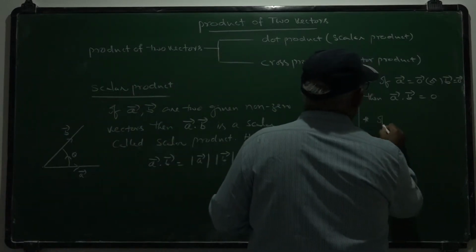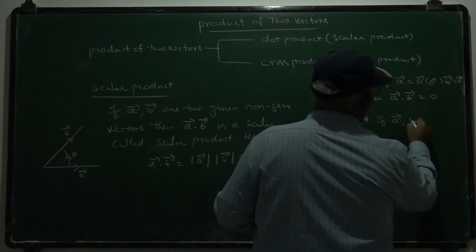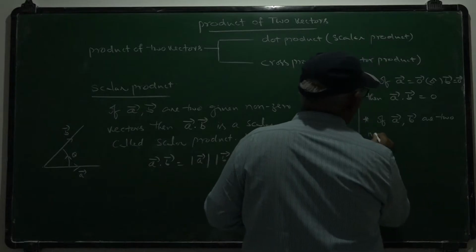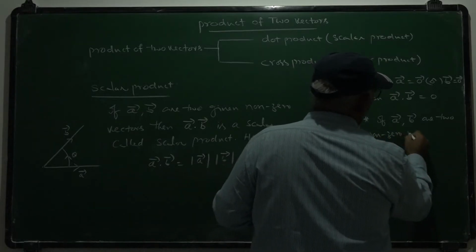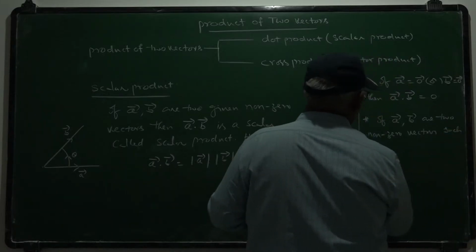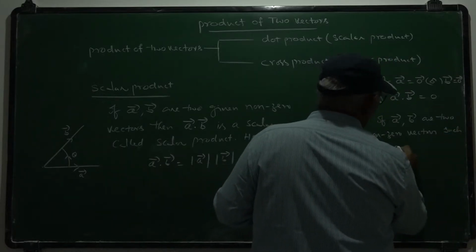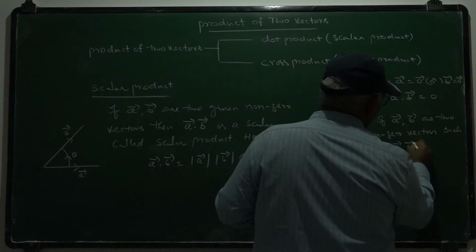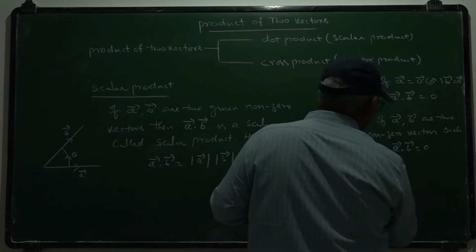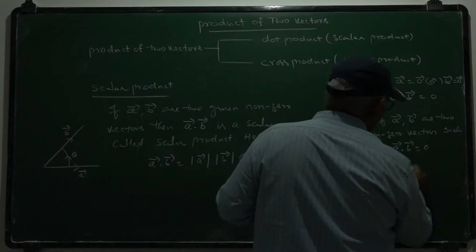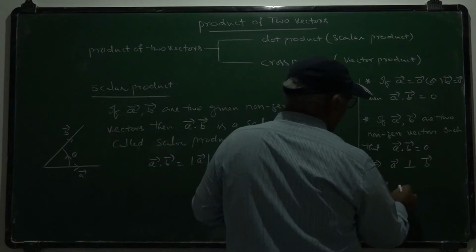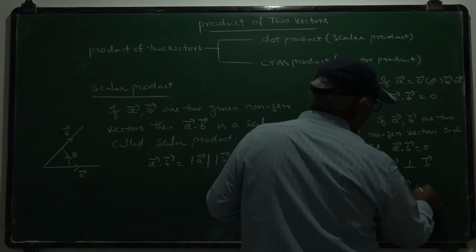So if a bar, b bar are two non-zero vectors such that a bar dot b bar is 0, then a bar is certainly perpendicular to b bar. That is, the angle between a bar and b bar is 90.